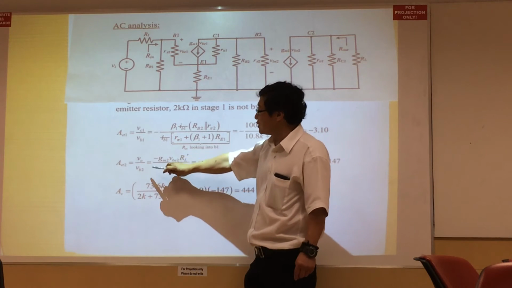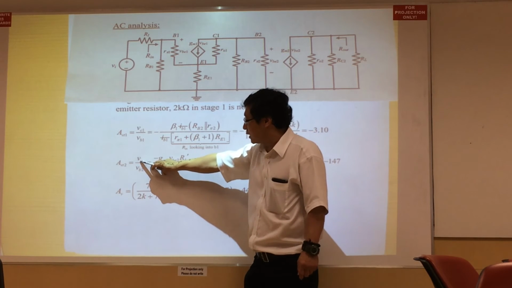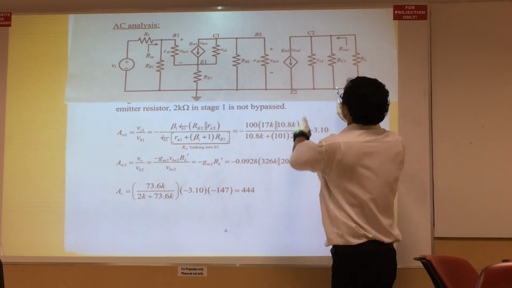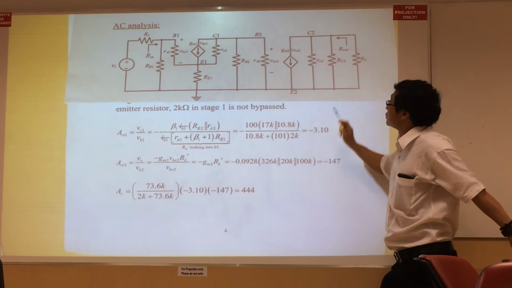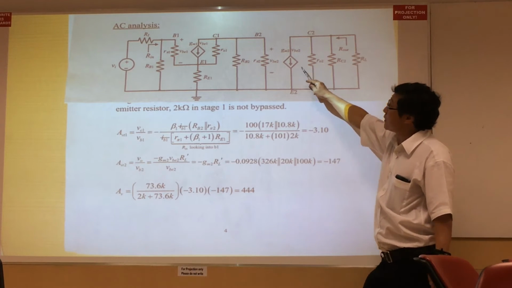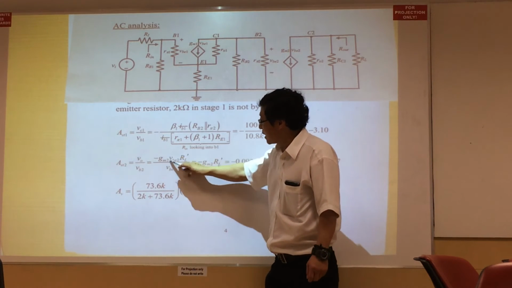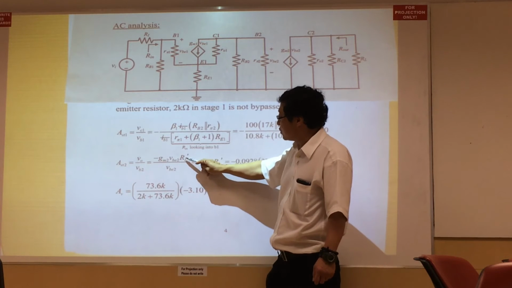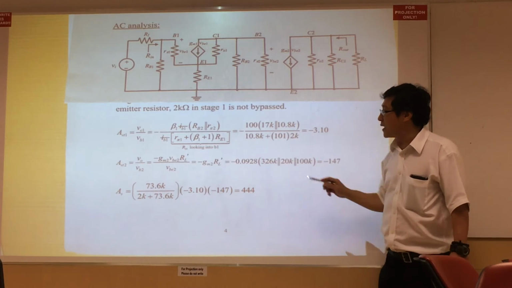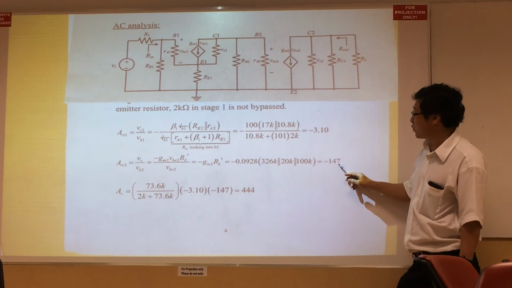The voltage at the collector is due to the current flowing through these 3 resistors in parallel, serviced by the same current, gm VBE2. So gm VBE2 multiplied by RL prime, which consists of these 3 resistors in parallel. When you multiply out, cancelling the VBE, you get a voltage gain of minus 147.